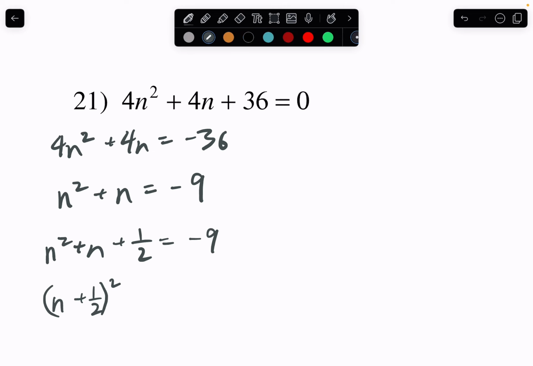This is where completing the square becomes very important. I think another method is by quadratic equation. Sorry, quadratic formula.